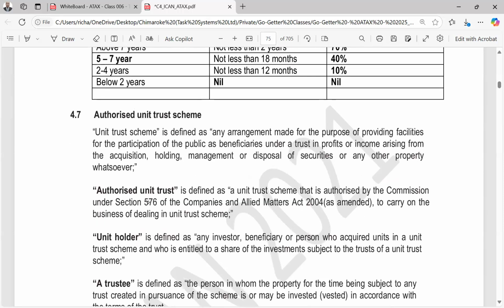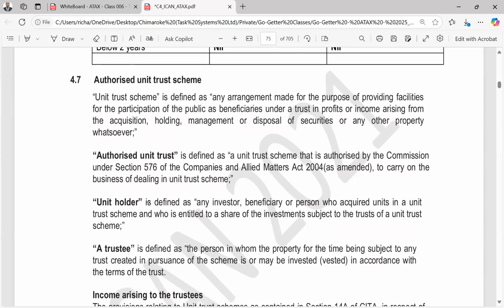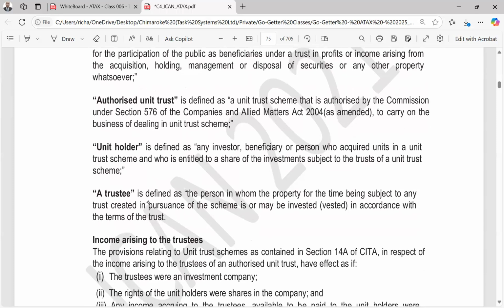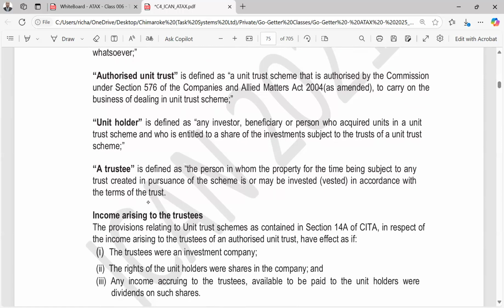This authorized trust scheme, I would like you to read that. It's not being tested at this time, ICAN. Then this is a trustee. The trustee is a person in whom the property for the time being subjected to a trust is vested, created in pursuance of the scheme.